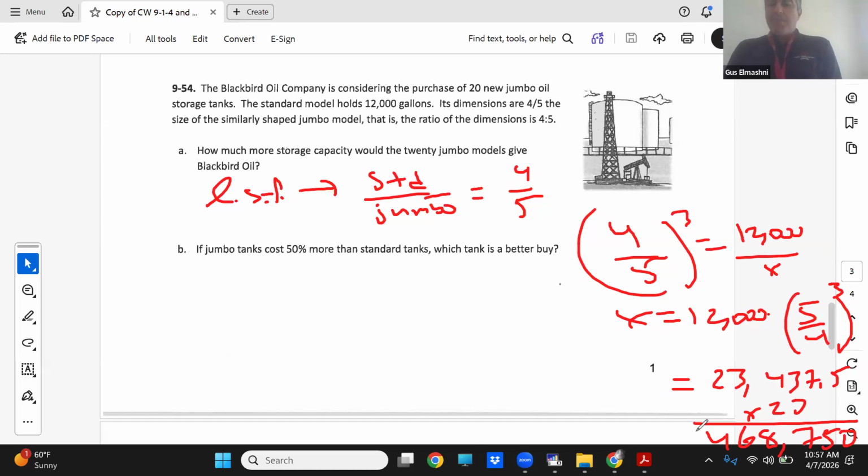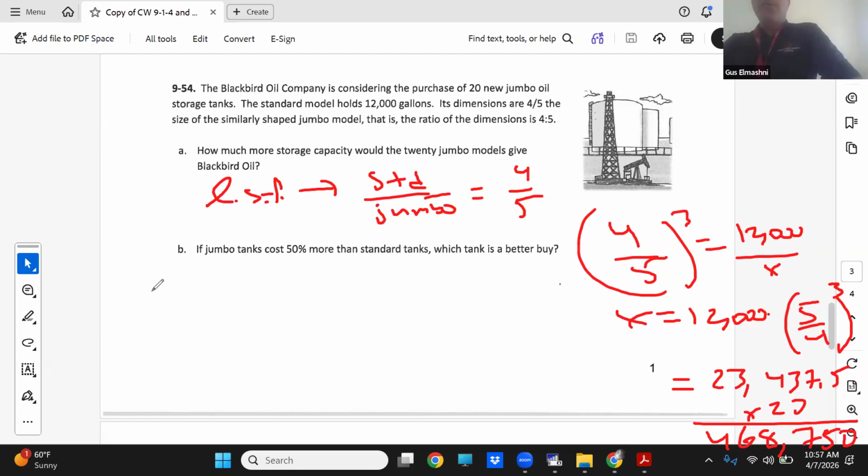If a jumbo tank costs 50% more, which one's the better buy? Okay. Well, that's how many gallons. So if I think about it, that's a tough question. Actually, let's talk about the game plan. Okay, first of all, does part A make sense? Are we cool with part A?